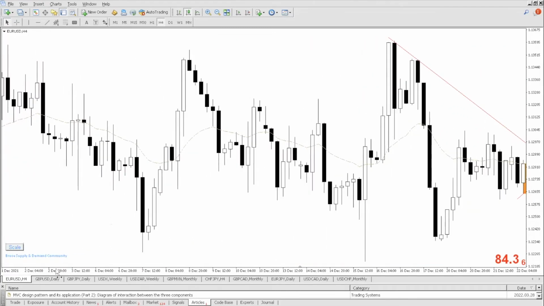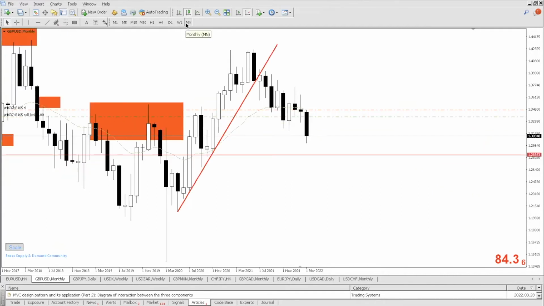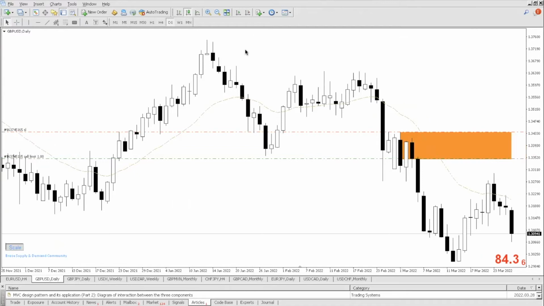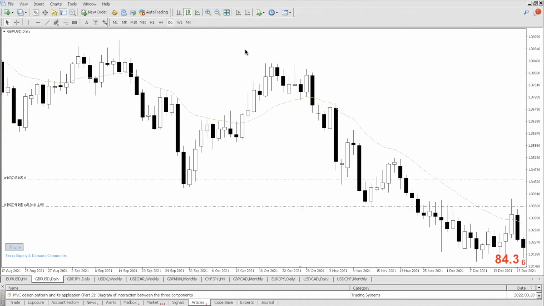Actually, let's use a different pair. This one is pound USD. Let's look again. Look here. We have a nice trend line that you can draw.